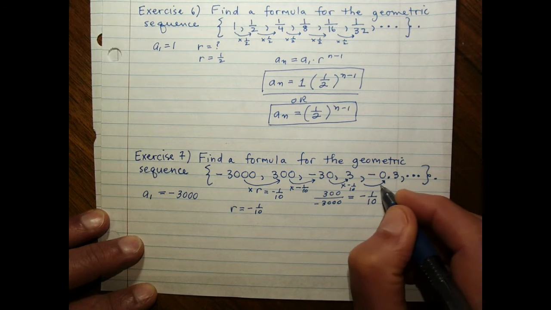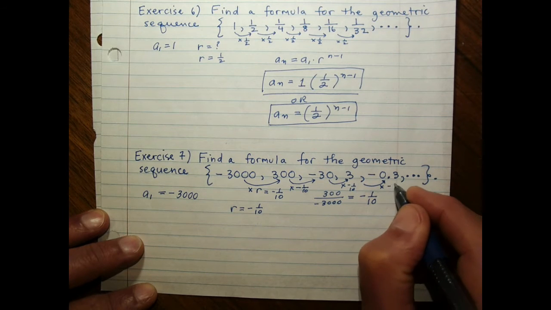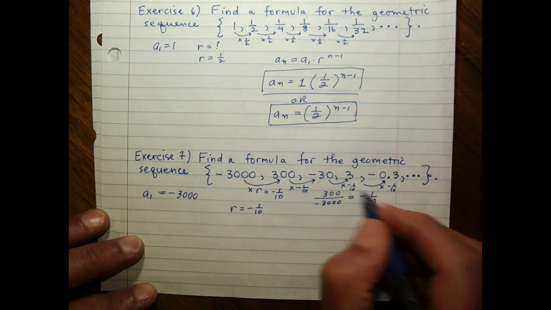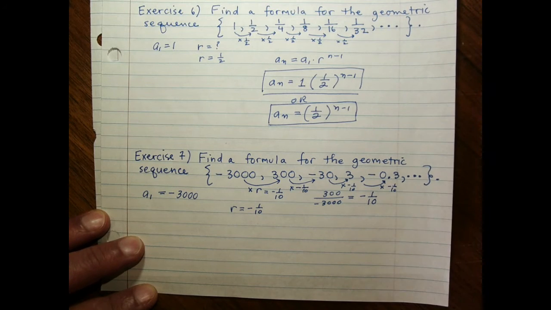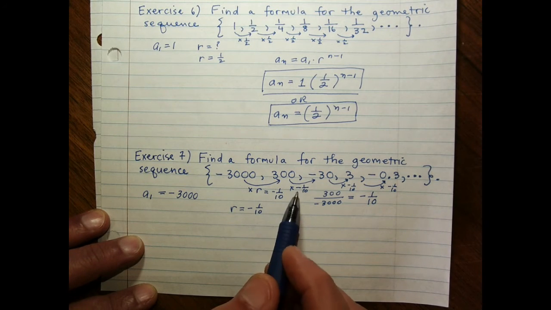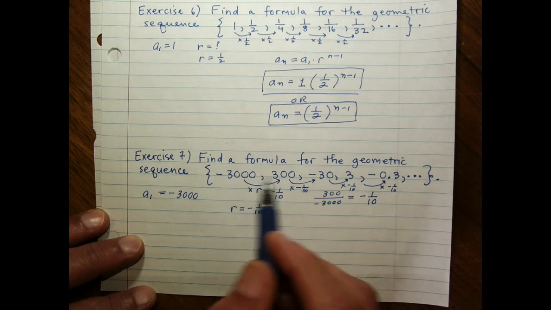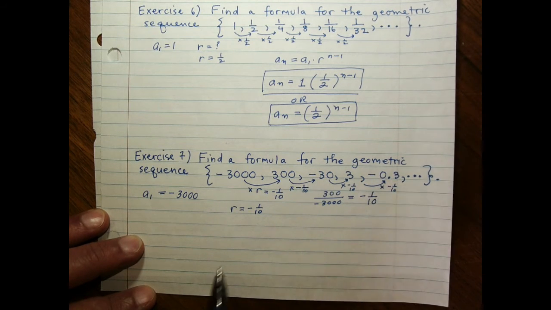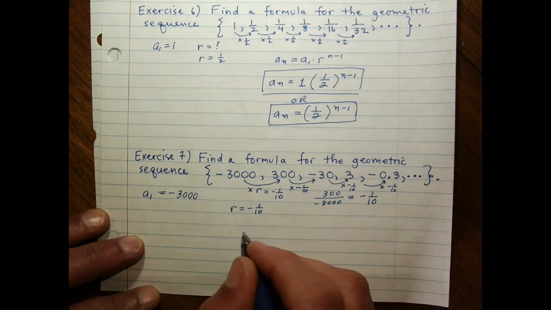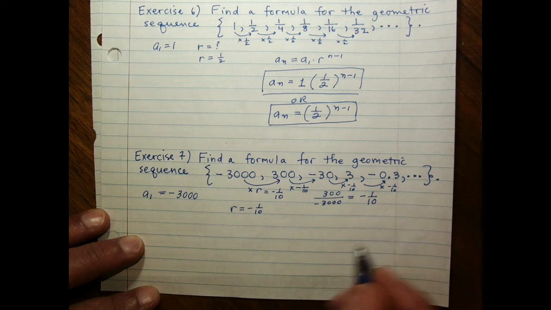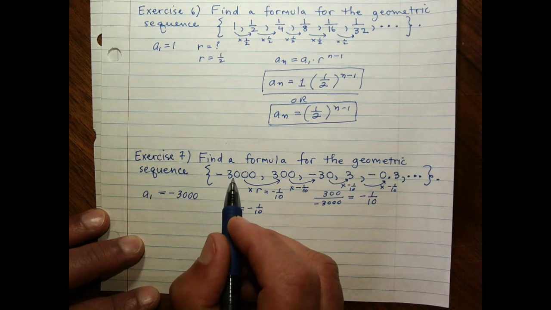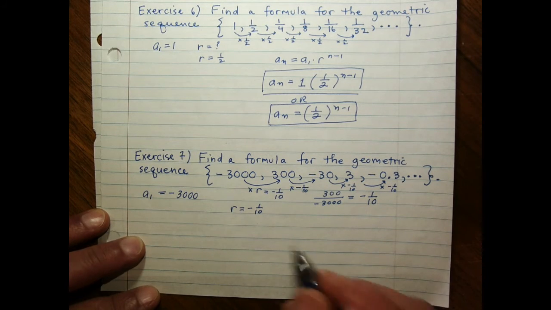And then a positive 3 times negative 1/10 gives me negative 0.3. When r is negative, you tend to see this alternating between a positive and negative value as you multiply down the line by a negative. When r is positive, of course, you'll get all positive values, or all negative values if a1 is negative.